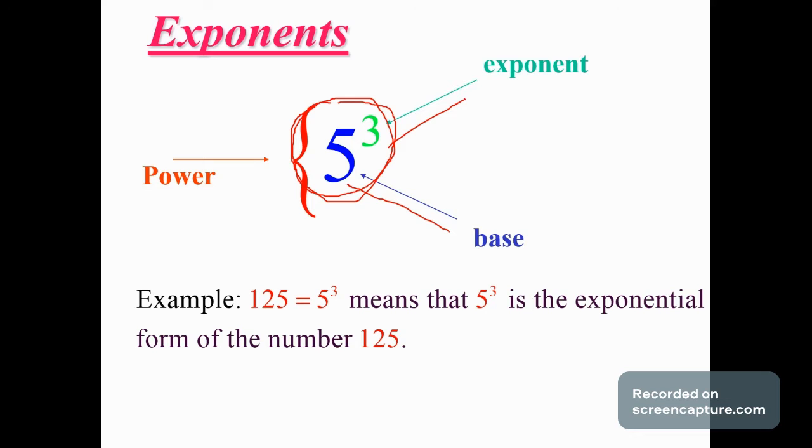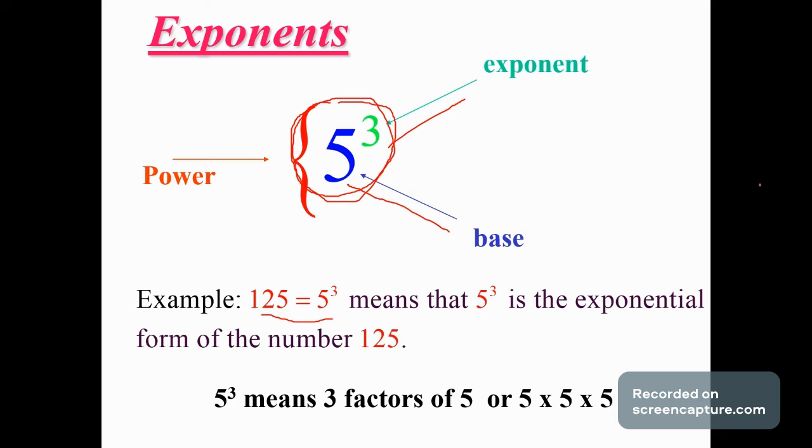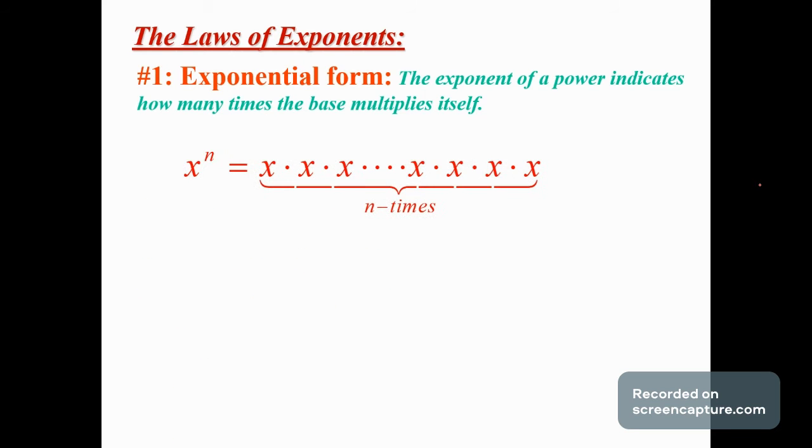For example, 125 is equal to 5 cubed, or 5 to the power of 3, which means the exponential form of 125 is 5 cubed, or 5 to the third power. 5 cubed also means we have 3 factors of 5, which is 5 times 5 times 5.